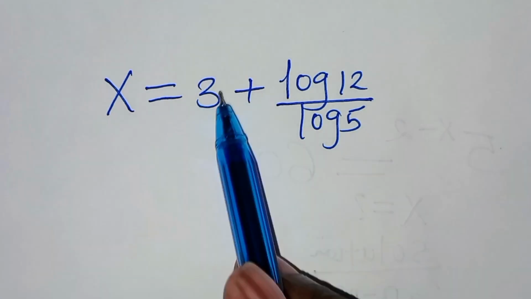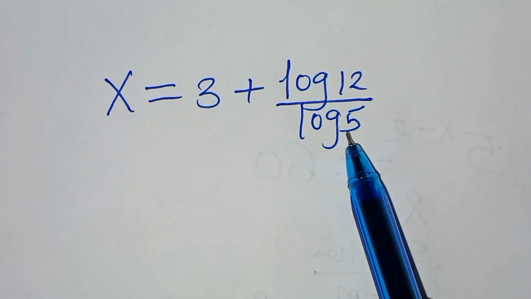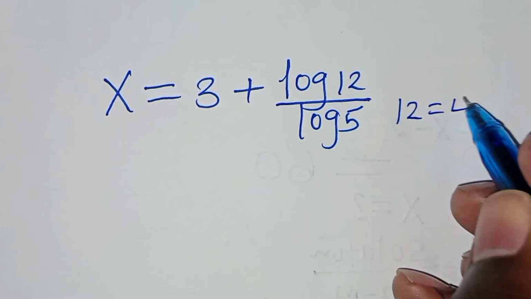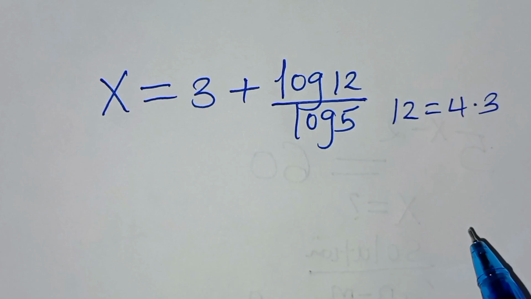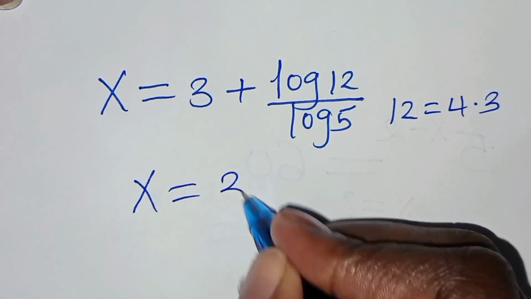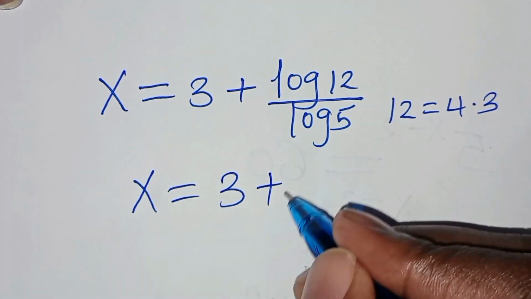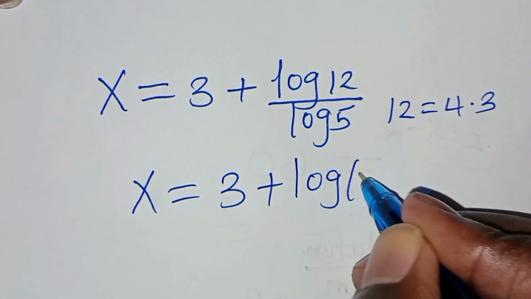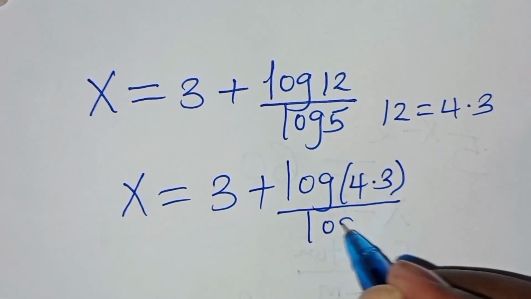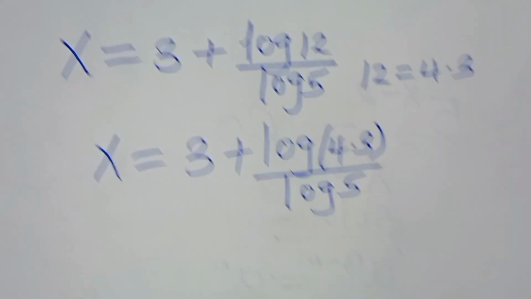Now x is 3 plus log 12 over log 5. We can express 12 as 4 times 3. So here we have x is equal to 3 plus, now here we have log 4 times 3 divided by log 5.